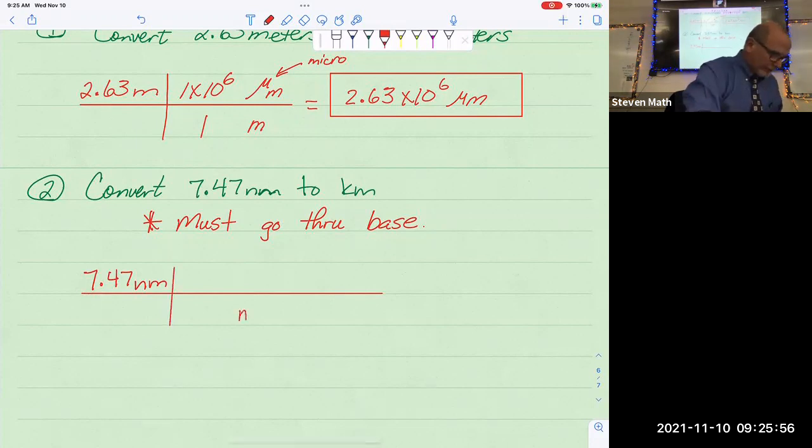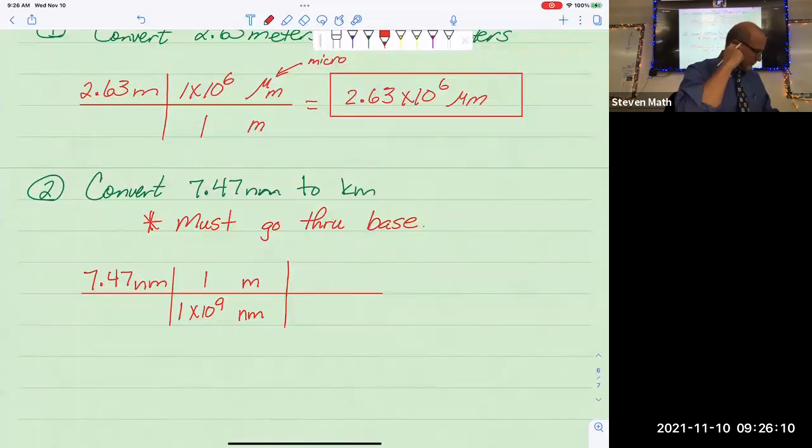In the first one, let's go from nanometers to the base unit, meters. 1 meter, 1 times 10 to the 9th nanometers. Then in the second one, go from meters to kilometers. Kilo is bigger.